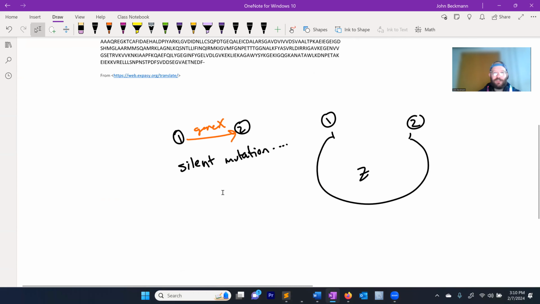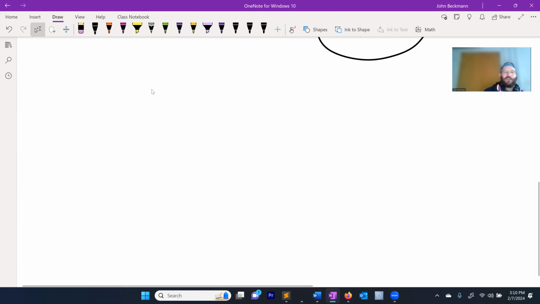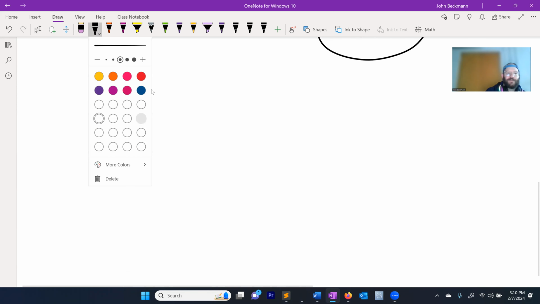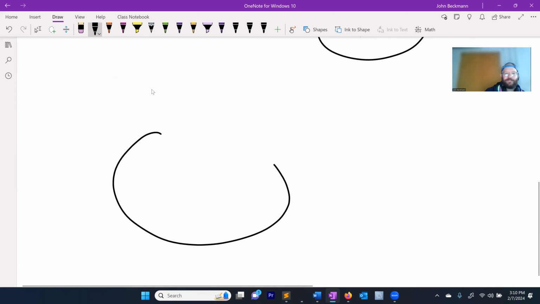Okay, so let's walk through the process of what you actually do when you do this. So here's your plasmid Z. Here's your gene X cloned into the plasmid. So it's pretty simple to understand what you do here. You just design two PCR primers. So one primer will look like this, okay, forward primer.